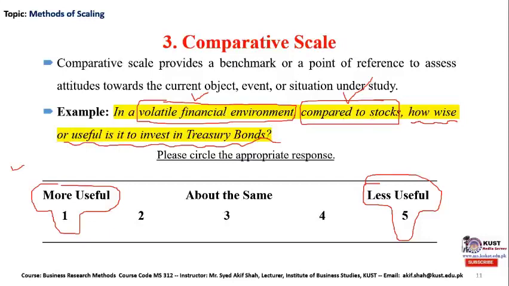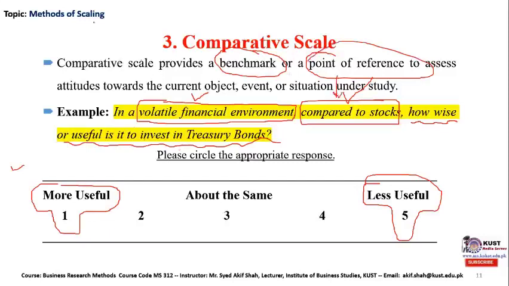So now in this research study, the researcher is interested to collect the attitudinal responses of different investors in a volatile financial environment in comparison to a certain benchmark category. And here the benchmark or point of reference for investment is stocks in a volatile financial market.